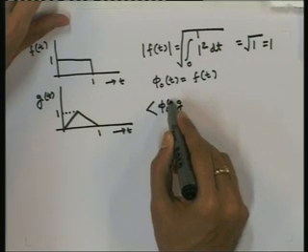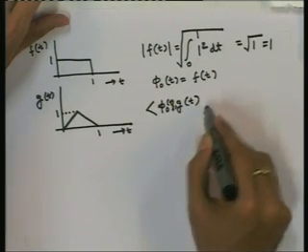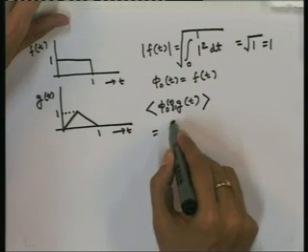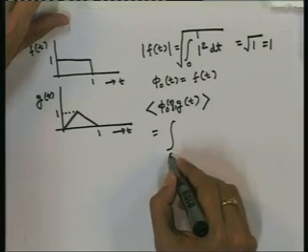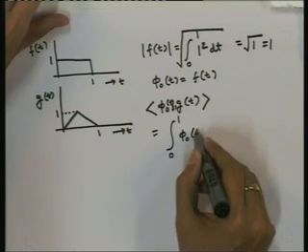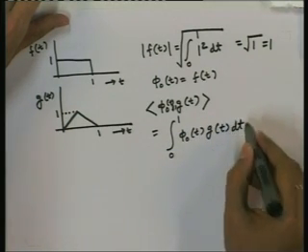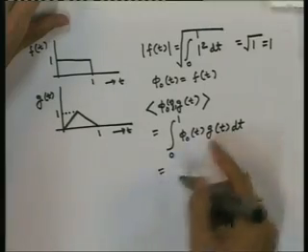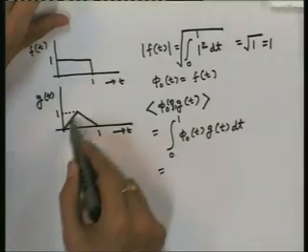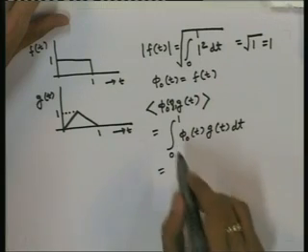So, this inner product is the integration from 0 to 1 of phi naught t g t dt. Now, phi naught is just 1 in that interval.